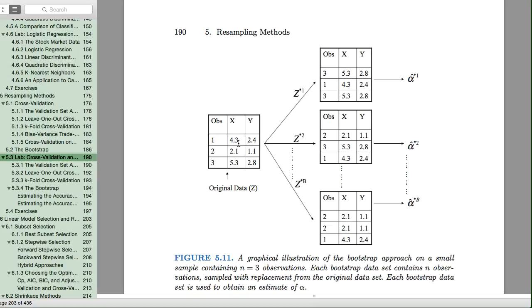And to bootstrap from this data set means to take a fake data set from which we randomly draw examples of these with replacement. And anytime that we draw an X, we also draw its matching Y, because otherwise we would get total nonsense. If we paired this X with this Y, the data set wouldn't in any way resemble the original data set.